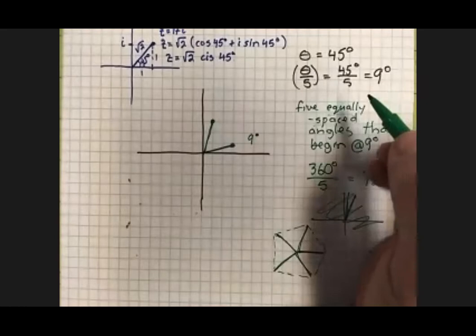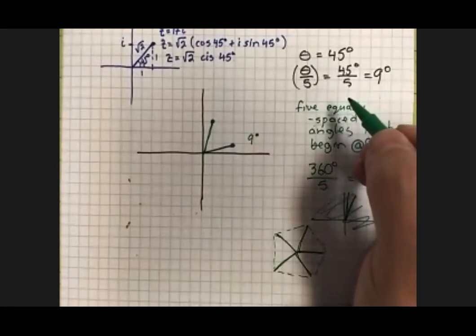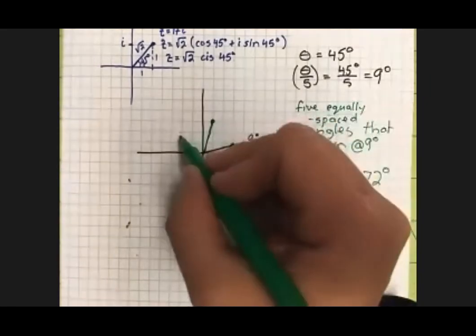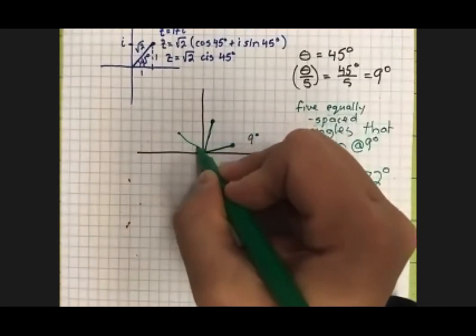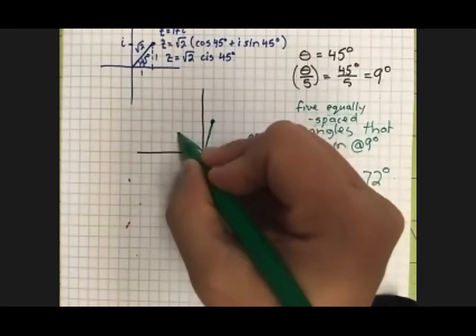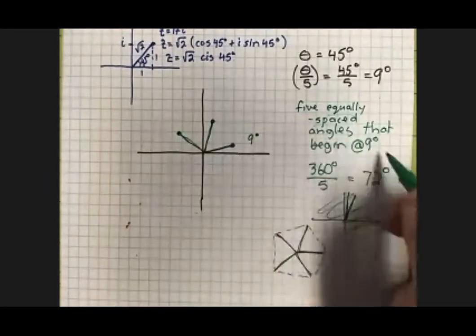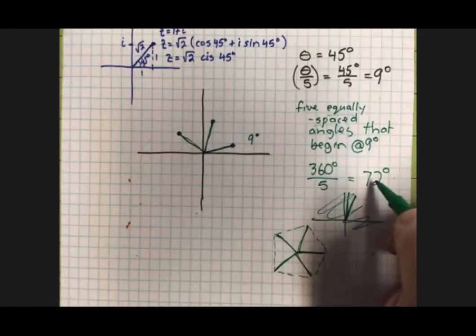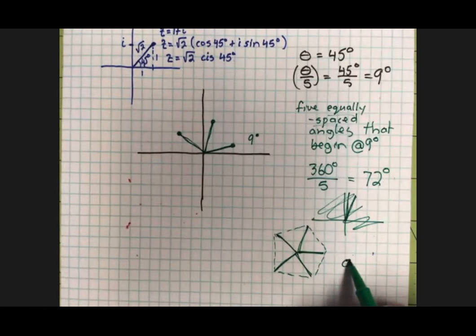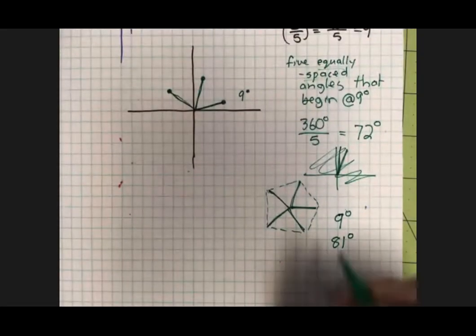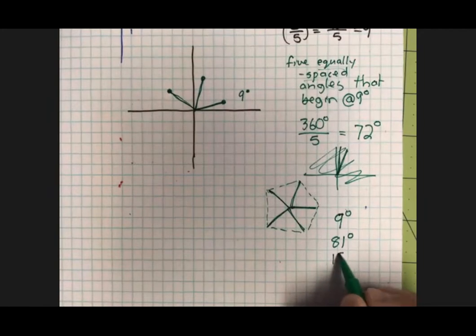Then add 72 to 81, and you'd be at what? 153? Again, I'm just eyeballing this. And then 153 plus 72 would be 225. 225 is a famous angle, right? So I've got 9 degrees, 81 degrees, 153 degrees, 225 degrees.